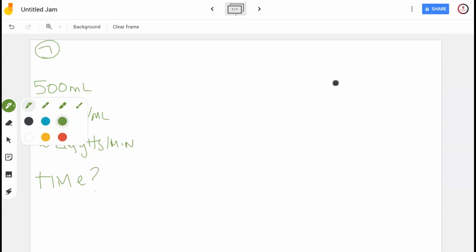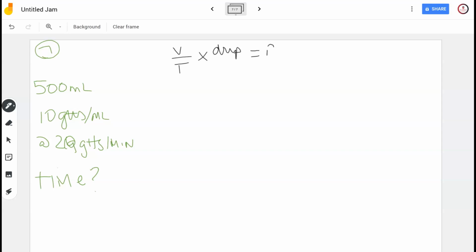So again, you're going back to using your volume over time, but now you're looking for your time. So fill in what you know. You have a 500 milliliter bag. You're looking for X. Your drip set is a 10 drop set, and your rate is 20.